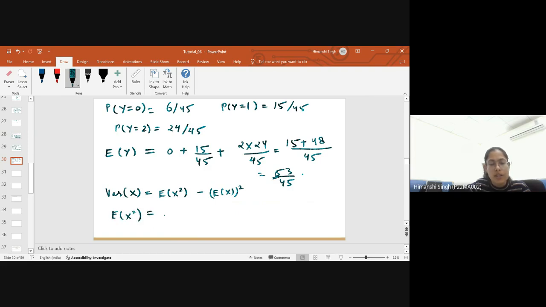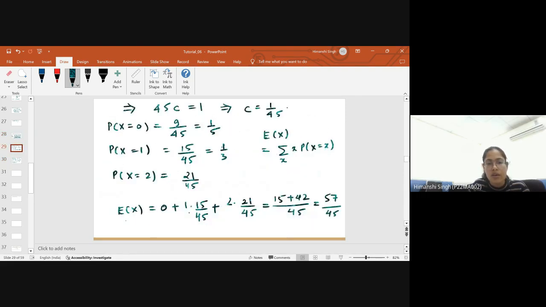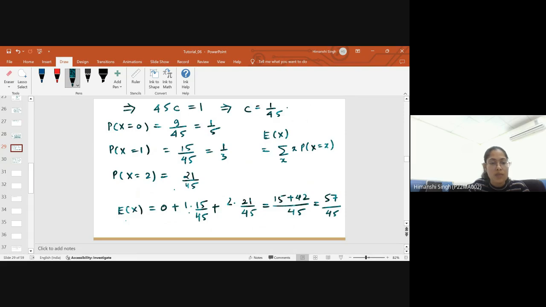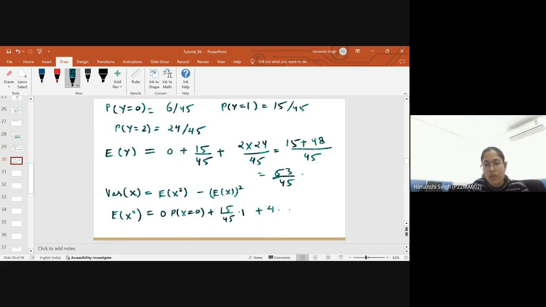It is 0 times probability X equals 0, plus 1 times probability X equals 1, which is 15 by 45, plus 4 times probability X equals 2, which is 21 by 45.